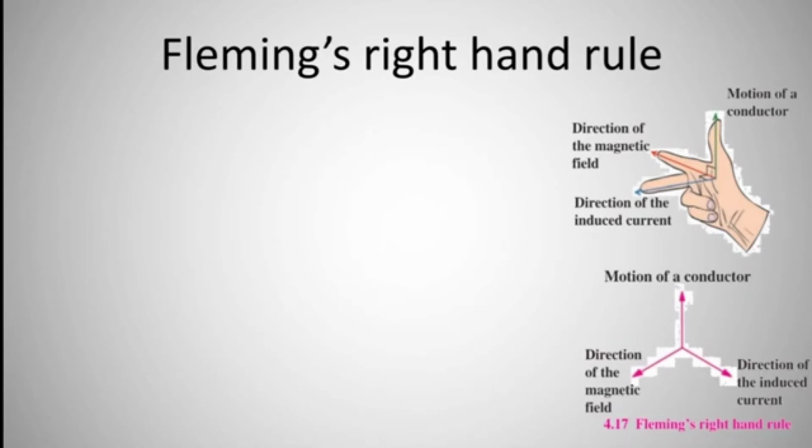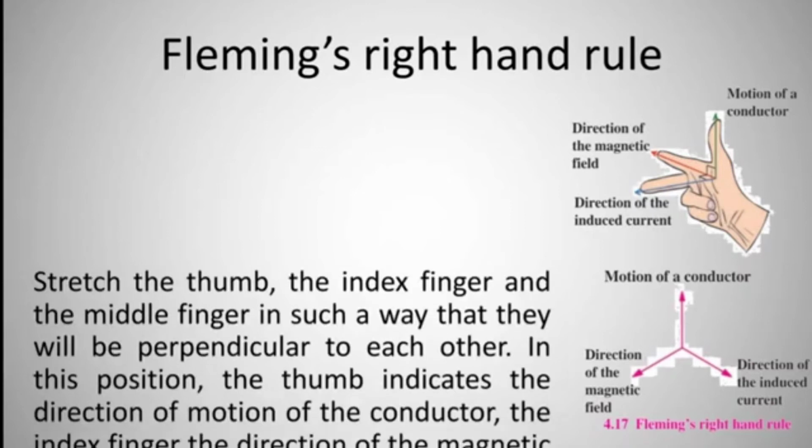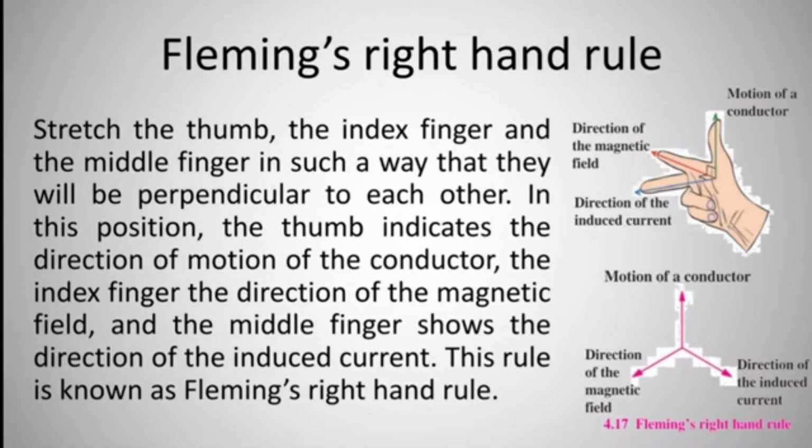Take a look at figure 4.17 and do accordingly. Stretch the thumb, the index finger and the middle finger in such a way that they will be perpendicular to each other. In this position, the thumb indicates the direction of motion of the conductor.